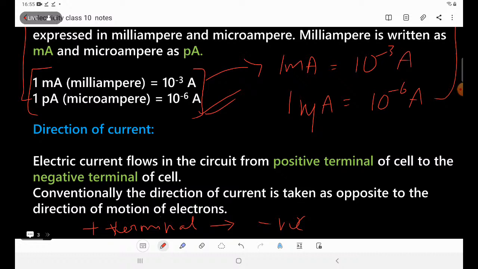But actually, the electric current flows from the negative terminal to the positive terminal, and it is the movement of electrons.